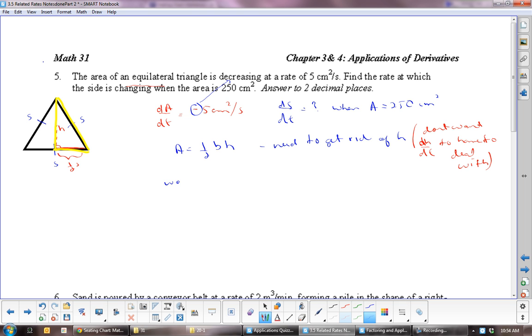So we know it would be H squared plus 1/2 S squared would equal S squared. Okay, does that make sense? So H squared plus 1/4 S squared would equal S squared.